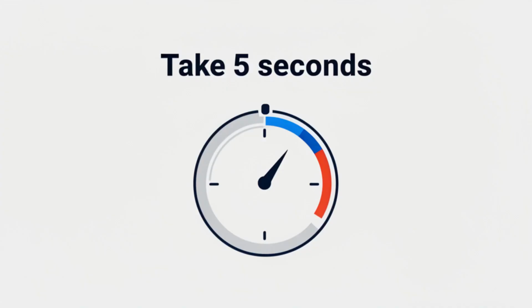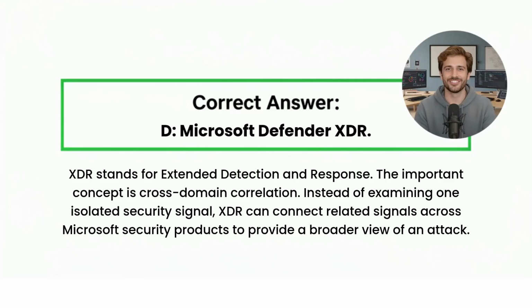Take 5 seconds before answering. The correct answer is D. Microsoft Defender XDR. Explanation. XDR stands for Extended Detection and Response. The important concept is cross-domain correlation. Instead of examining one isolated security signal, XDR can connect related signals across Microsoft security products to provide a broader view of an attack.